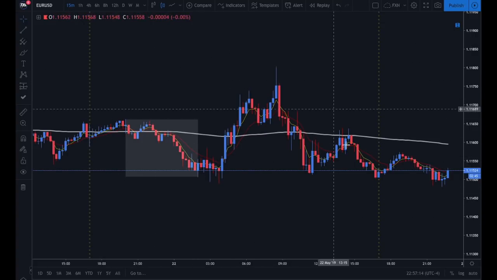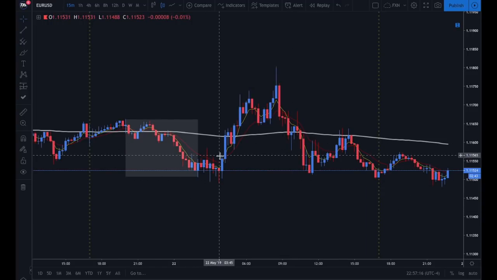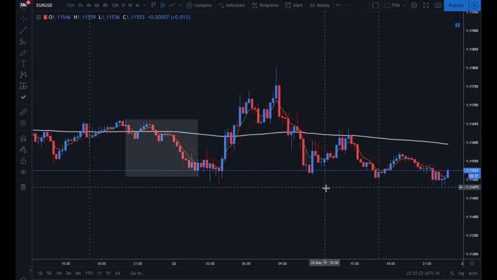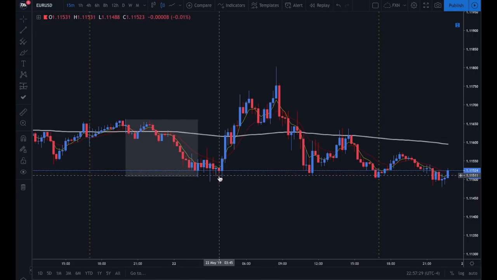It literally moves sideways. So you have to be able to adapt to that and be able to trade these patterns that happen almost every day. They may not happen every day on every pair, but they definitely happen every day. Every day there are going to be trades available for you.